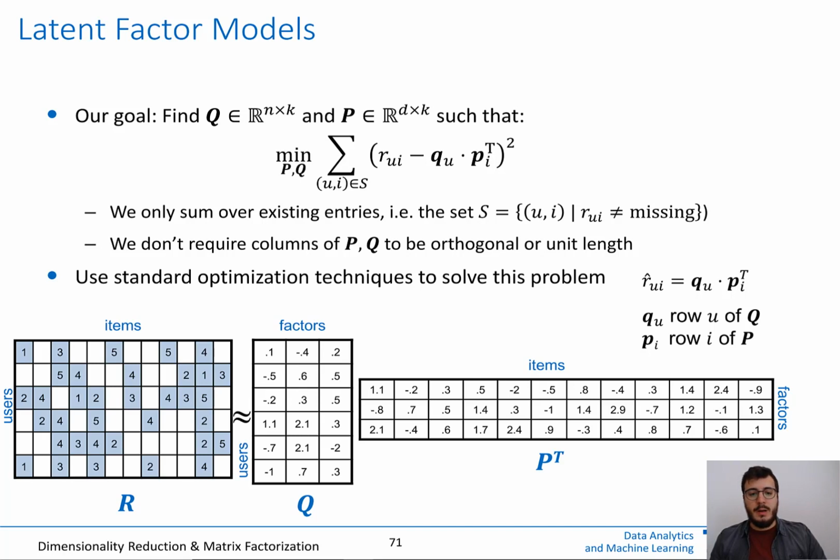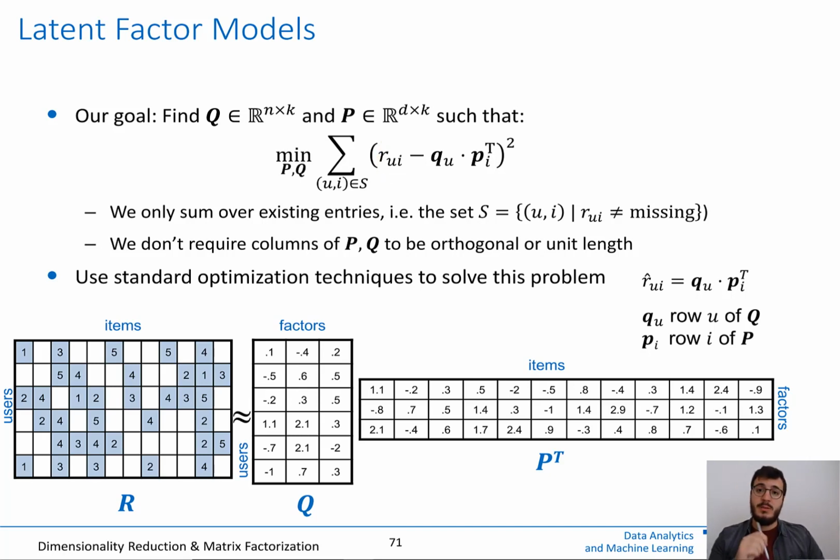Okay, and how can we solve this problem? Well, as it turns out, we're going to be able to use some standard optimization techniques. And just for some piece of notation here, so that everyone is on the same page, r_ui is a scalar number.